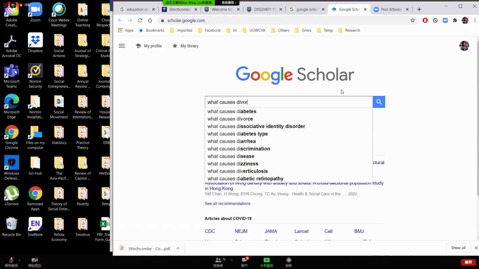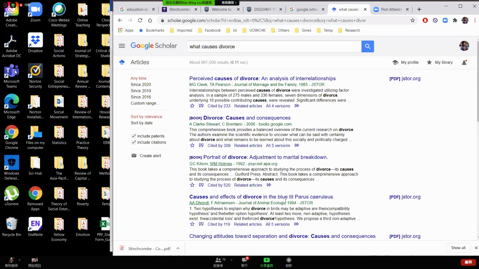So you can see that there are a lot of articles on the perceived causes of divorce and analysis of interrelationships. There are a lot of things here. So how can you select what you want to review? That is the literature review. You want to look at previous studies on that topic. So how can you identify the independent variable?